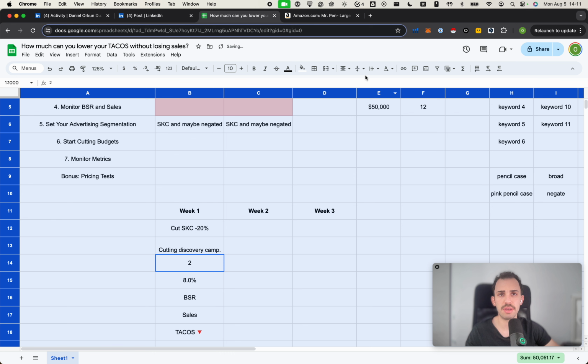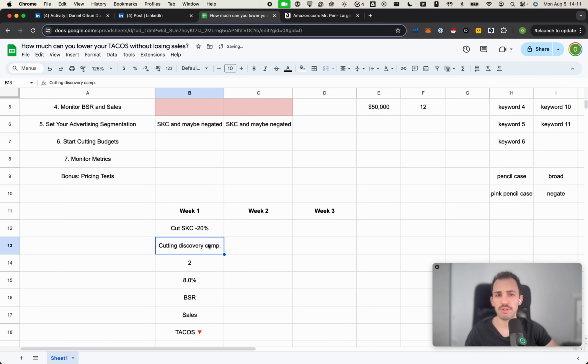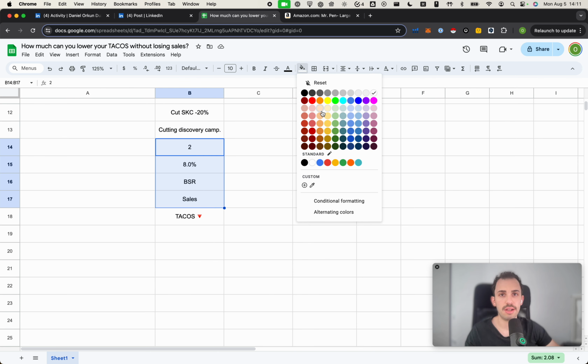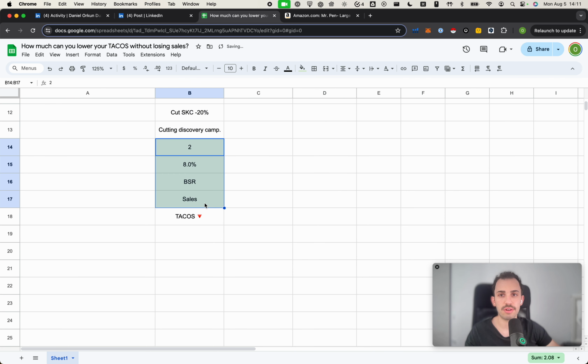Those can be the campaigns that are broad match, or product targeting campaigns. They also don't help with the ranking as much as the overall sponsored product campaigns. So try cutting from those a little bit, but the main target is to cut from single keyword campaigns. If you see that everything stays the same or similar, but your TACOS is moving down, you're in a good direction.